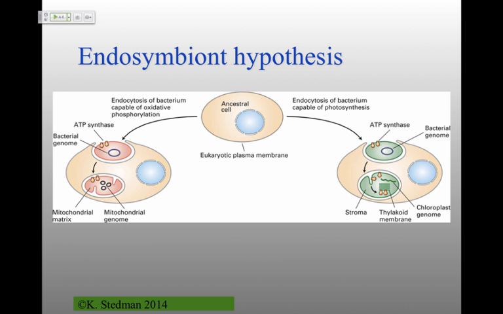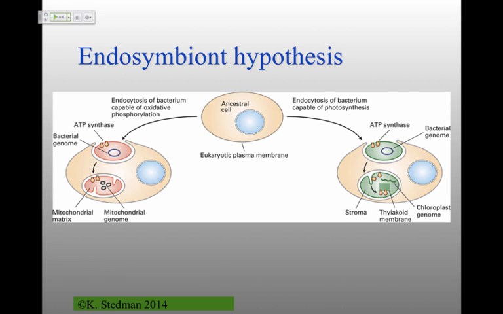For the last 10 minutes or so, I want to talk a little bit about endosymbionts. The critical aspect here is that mitochondria and chloroplasts are really a lot more like bacteria in terms of how they're replicating and how they're doing their jobs. We know this mostly because of comparisons of sequence.